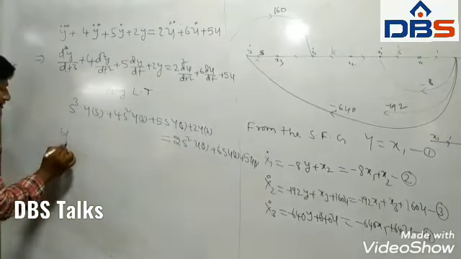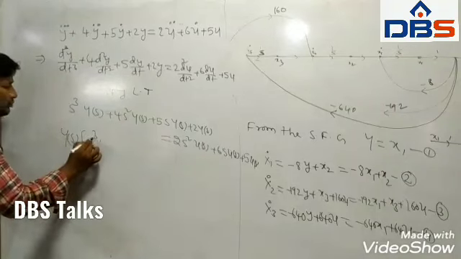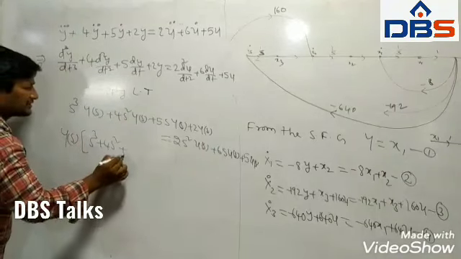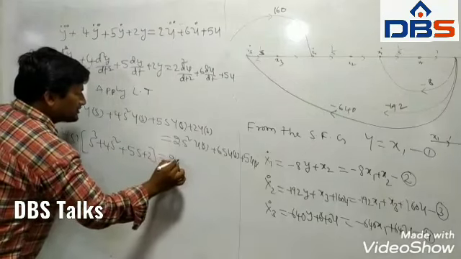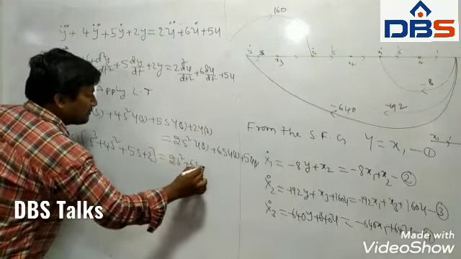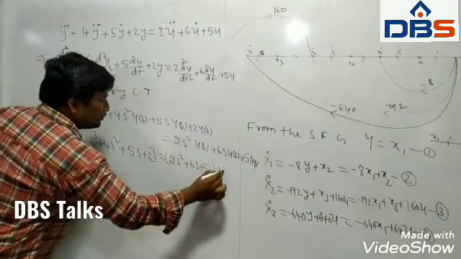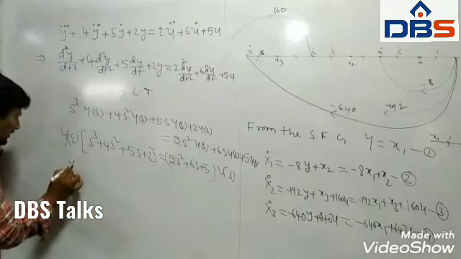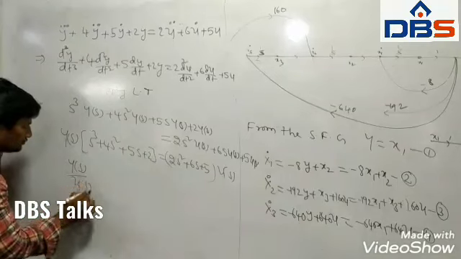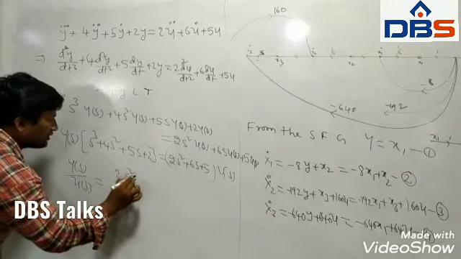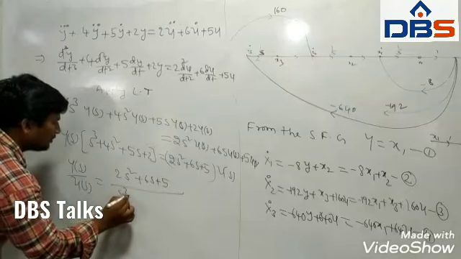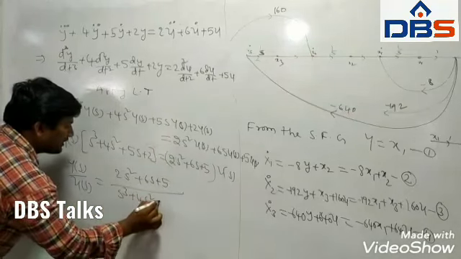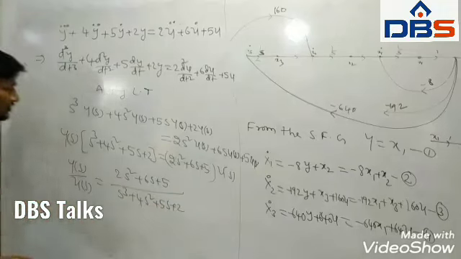So taking a common factor, Y of s times s cube plus 4s square plus 5s plus 2 equal to 2s square plus 6s plus 5 into U of s, and now Y of s by U of s is equal to 2s square plus 6s plus 5 divided by s cube plus 4s square plus 5s plus 2.